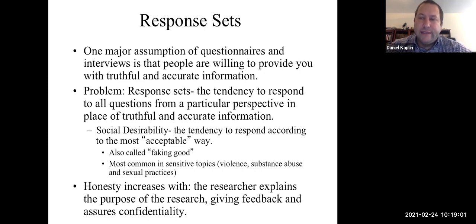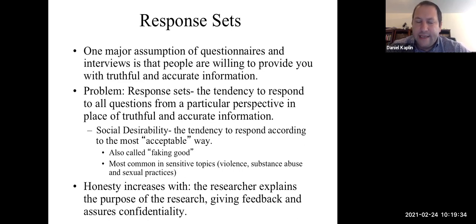So people will answer in that which society approves of or that which is considered acceptable. And that's sometimes referred to as faking good. So if you're familiar with the MMPI, they have a measure to determine whether you're over-accentuating the positive rather than being truthful. Now, let me give you an example as it relates to sexual practices and social desirability.